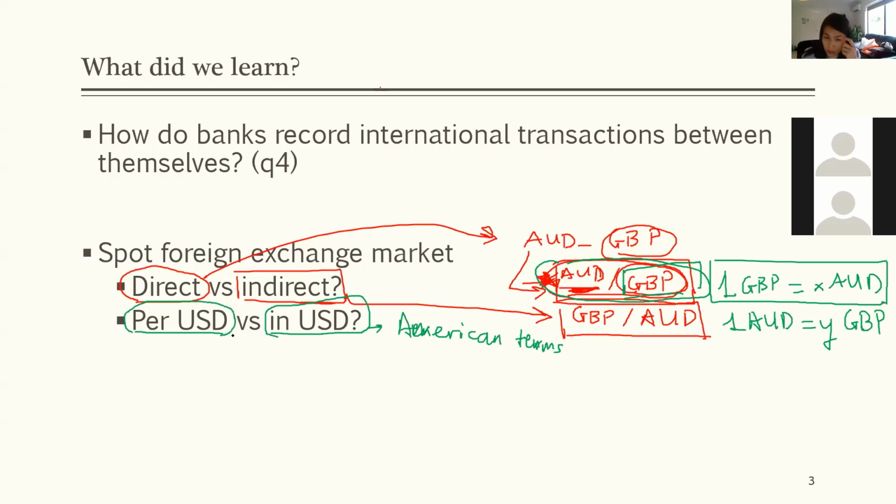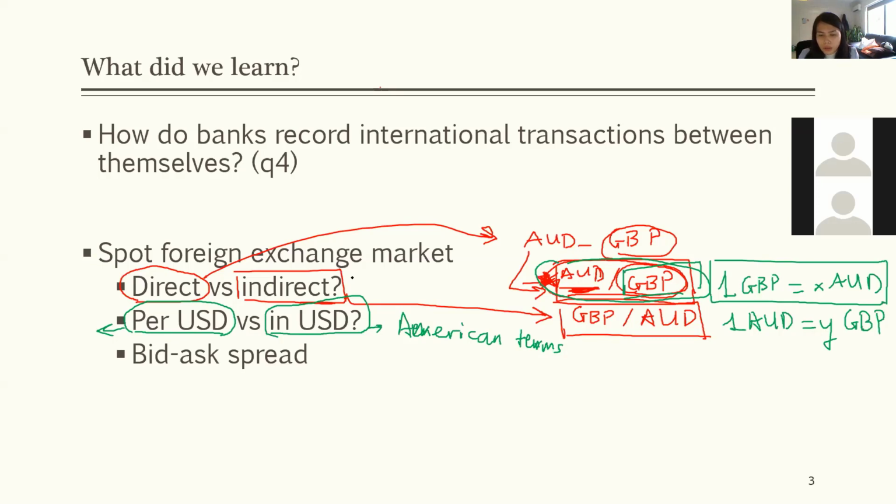In contrast, you have the per USD quotation, where you're pricing the USD in terms of the other currency. So throughout the workshop, I'll point you to the relevant table.